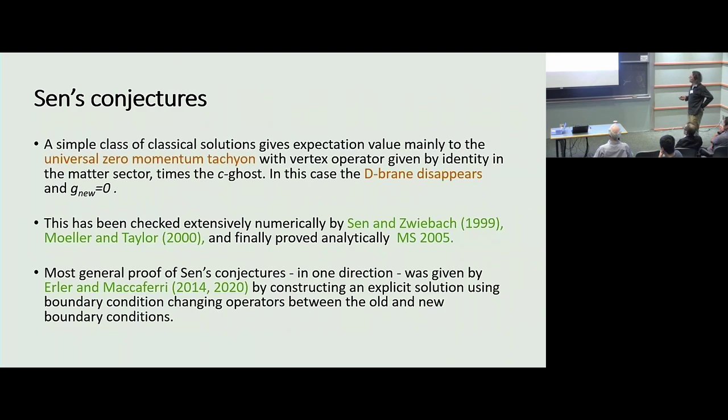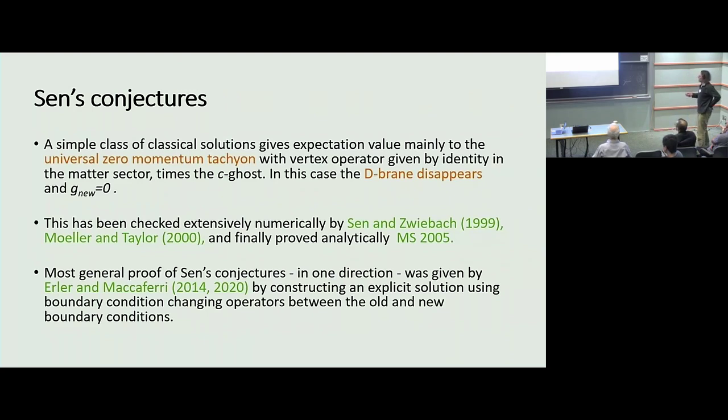That was given in two papers by Ted Erler and Carlo Maccaferri, who managed to construct classical solutions in string field theory if you are provided an arbitrary BCFT, of course with the same bulk.